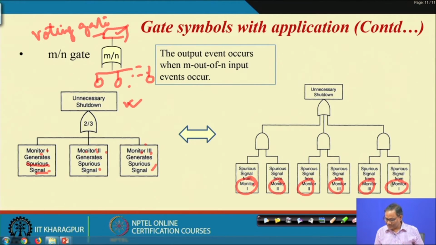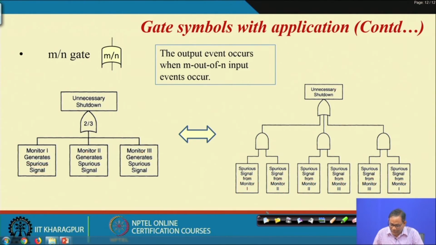These two must be satisfied simultaneously, that is an AND gate. But this will occur if this condition or that condition is satisfied, that is why an OR gate. So, this is what the voting gate is.